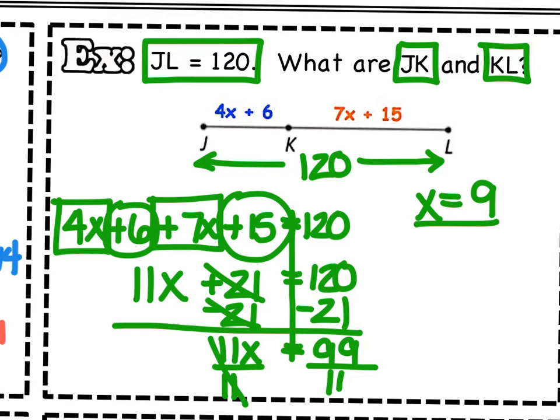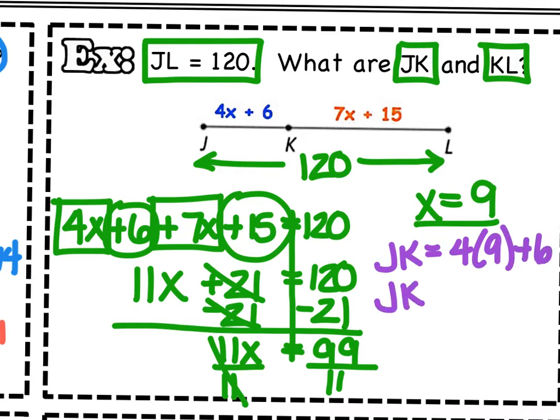Now, I know that that's not my final answer because I was asked to find JK and KL, so I know I am going to need to take that number and plug it back in. So, using the expressions that I have above, let's start with JK. I notice that JK is 4x plus 6. So if I plug my 9 in for x, I have 4 times 9 plus 6.